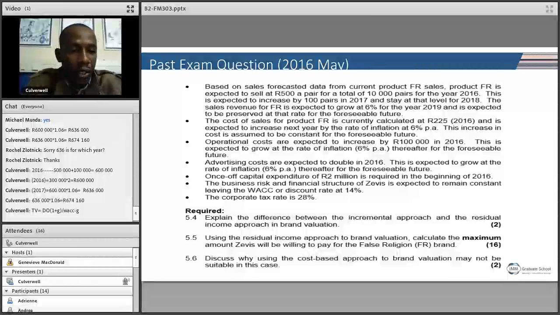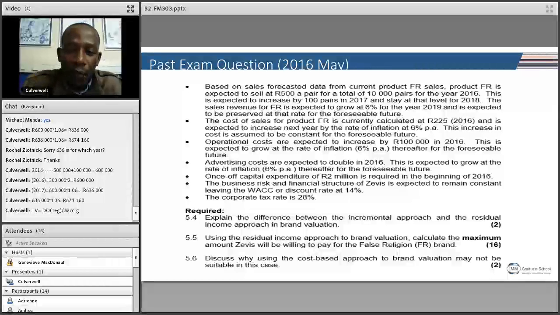If I actually want to do this calculation, your terminal value is going to be equal to your profit figure in year 2018, growing. So you open a bracket and say 1 plus g, close bracket, divided by your WACC, which was 14%, subtract your growth rate, which is 6%.